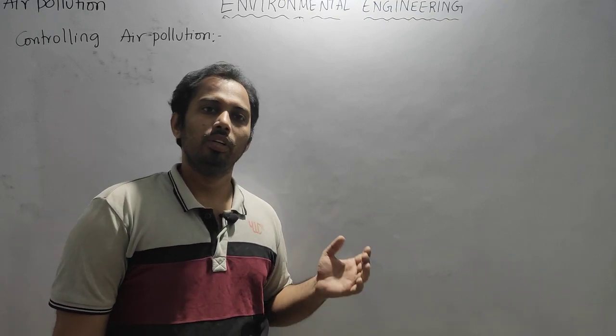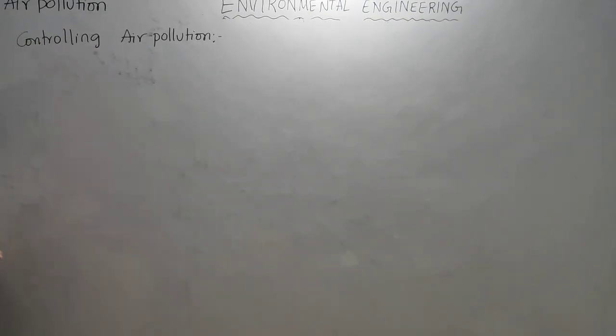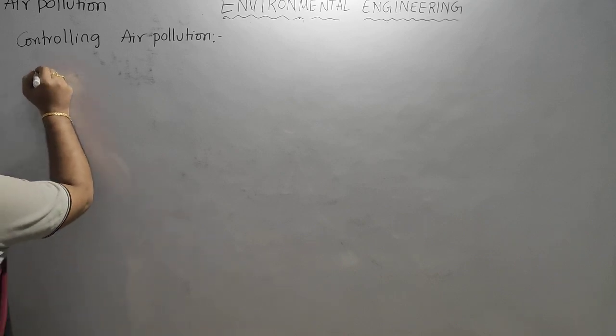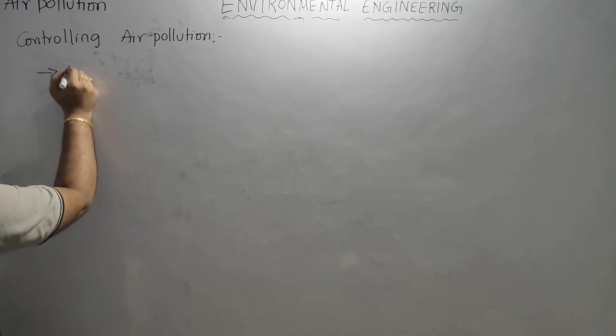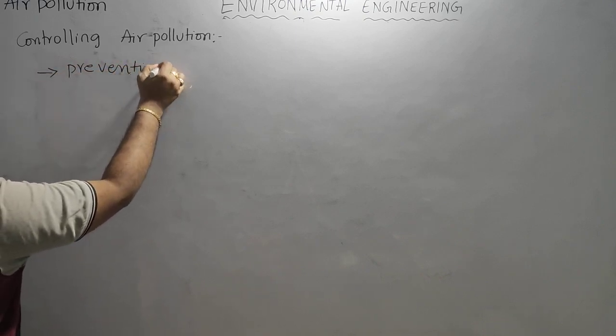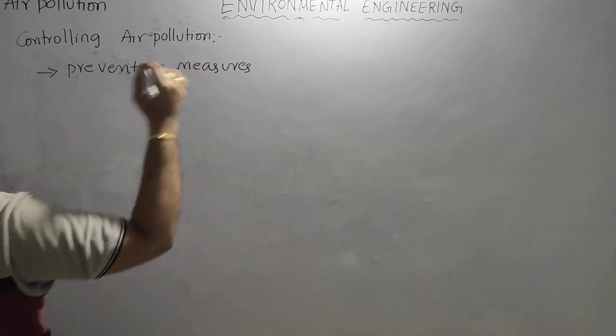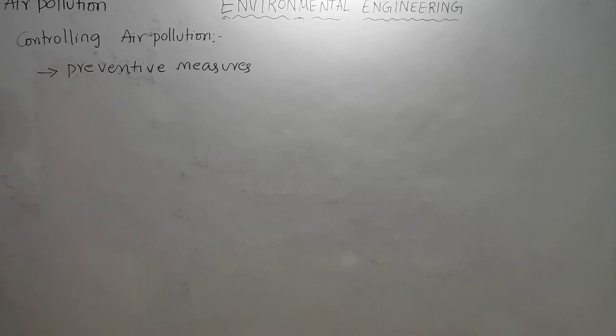So here, generally for the controlling measures, we prefer preventive measures. The controlling can be done at the source, that is called preventive measures. So before causing pollution, we need to think twice: how can we prevent it?